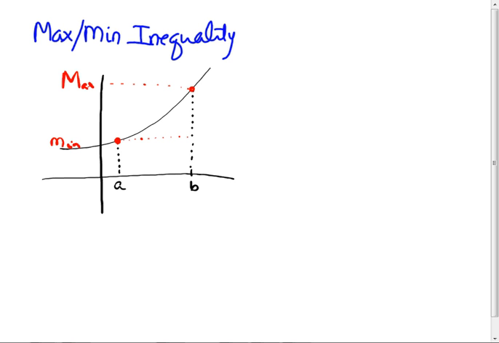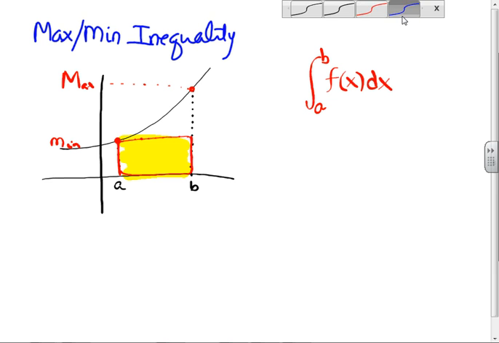And all it's saying is if I want the actual area under the curve from A to B, the signed area of that function, that's trapped between the area of this rectangle, and what's the area of that rectangle? Yeah, it's the minimum value times B minus A. So this is bigger than the minimum times B minus A.